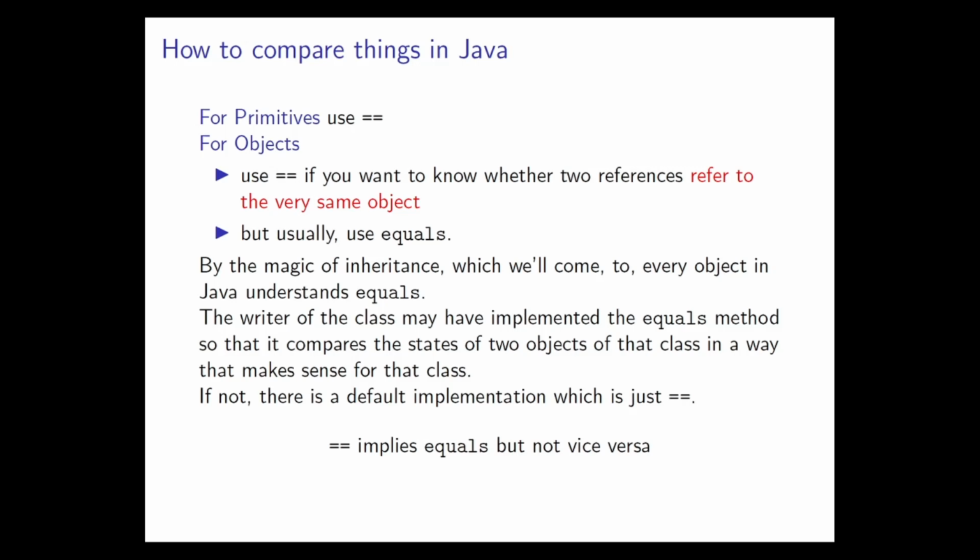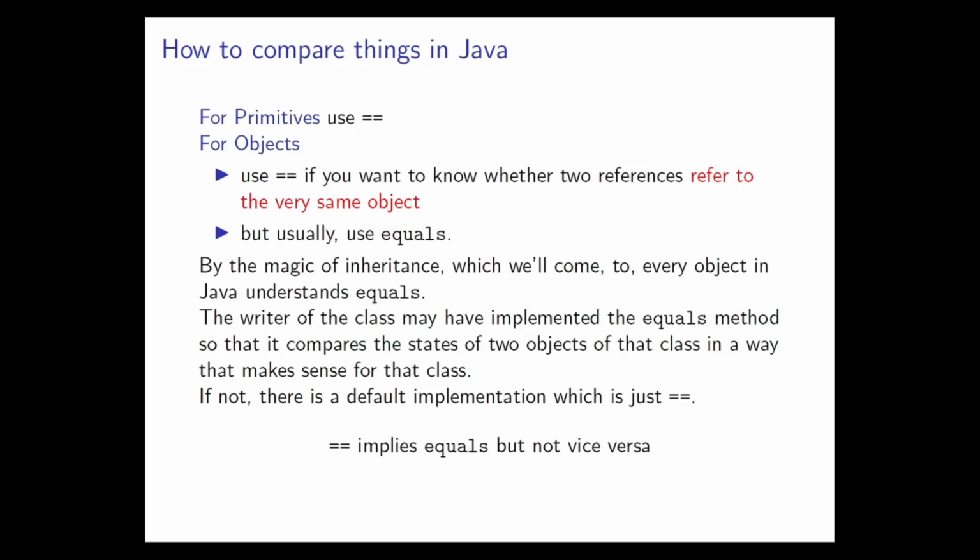So it'll be saying, okay, these object references might not be pointing at the very same object, but do they actually have the same state at the moment? And there are rules that the person who implements the equals method must obey in order to make sure that the behavior of the equals method is actually sensible and won't lead you astray if you make reasonable assumptions about what that will actually do.